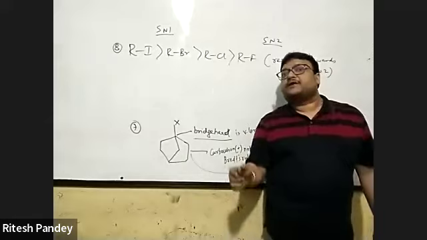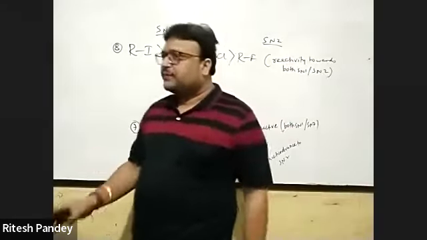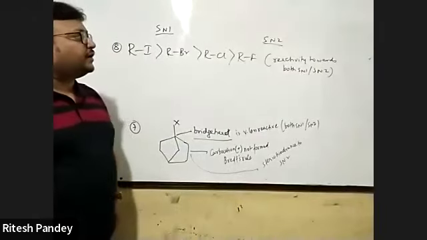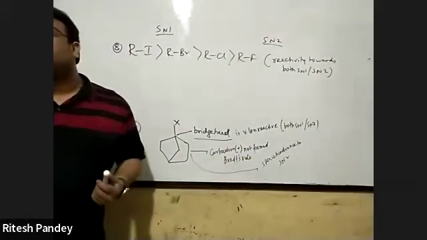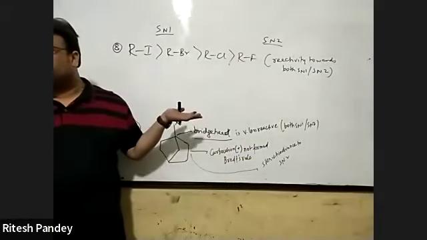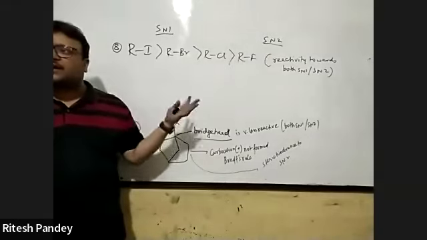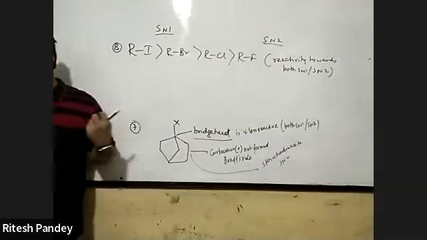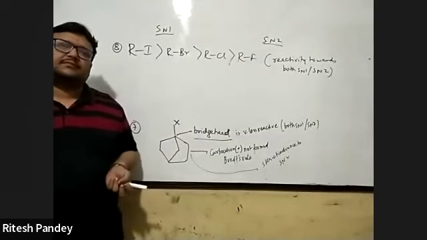But the rule of the game is a difference in bond energy. A difference in bond energy will reflect in reactivity. See, so many times reactivity could be about the rate of the process as well. When I say reactivity, it's a little open-ended. It could be about rate as well as yield, or both. In this case, both.